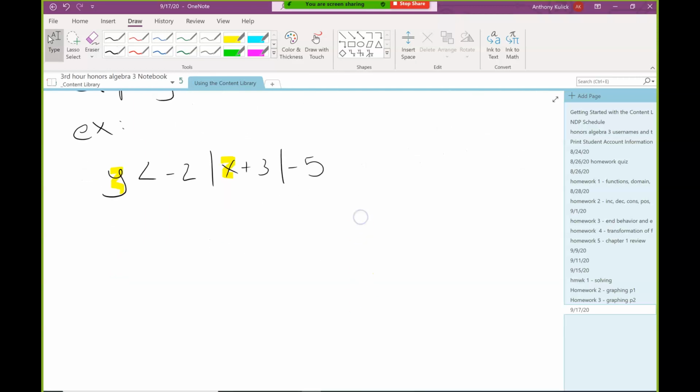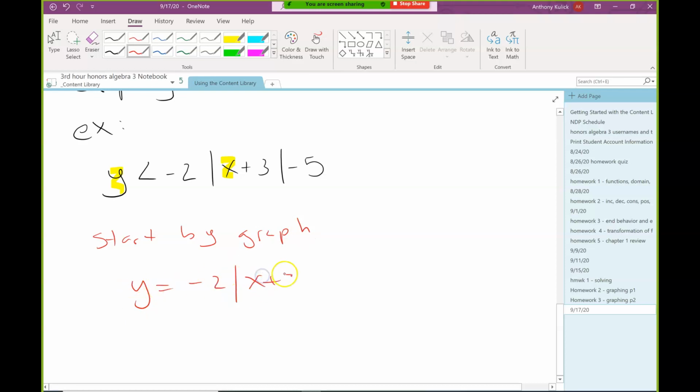Okay. So if I'm going to do a problem like this, we're going to start by just graphing y equals -2 times the absolute value of x plus 3 minus 5.